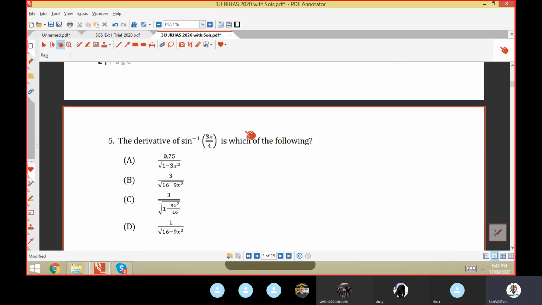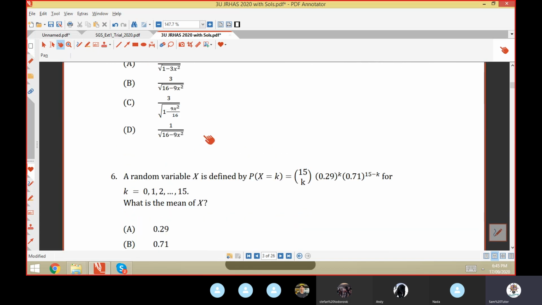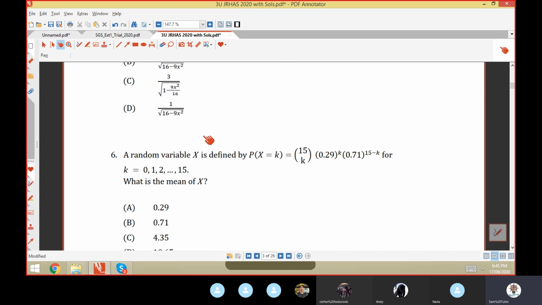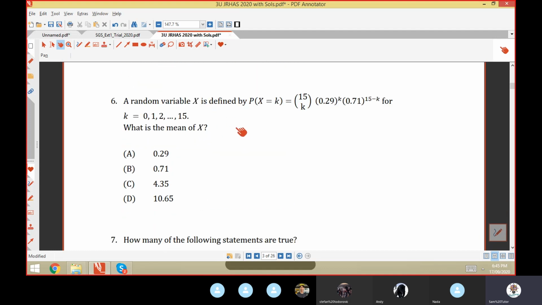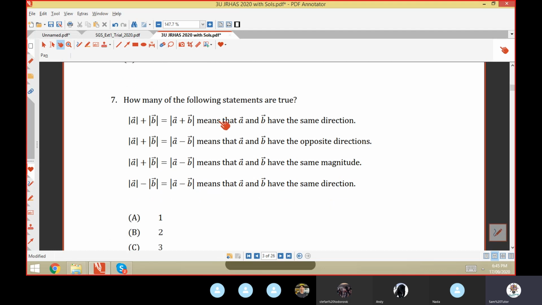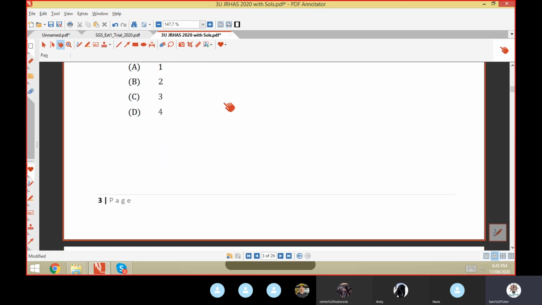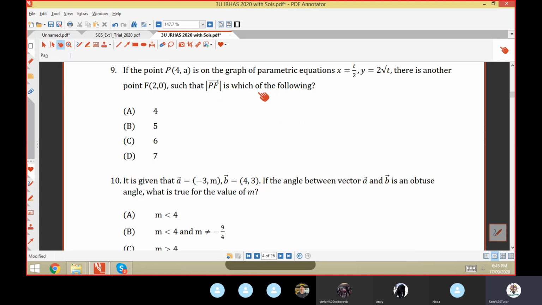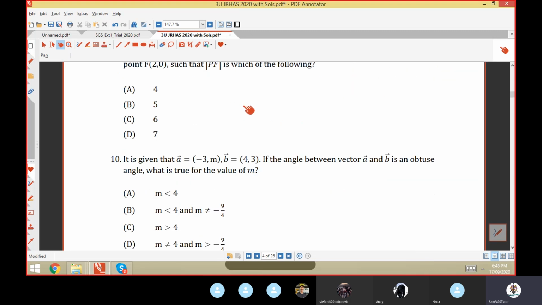Move down. The derivative of inverse sine? Well, maybe 4 unit guys can do that, but nobody else should be able to. That's next term. Vectors, loci. That's vectors.